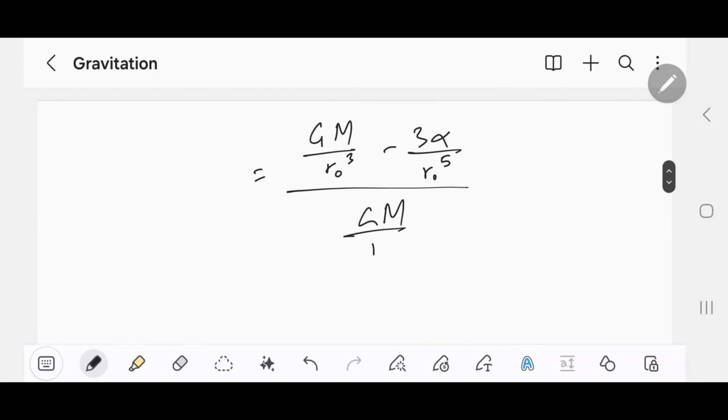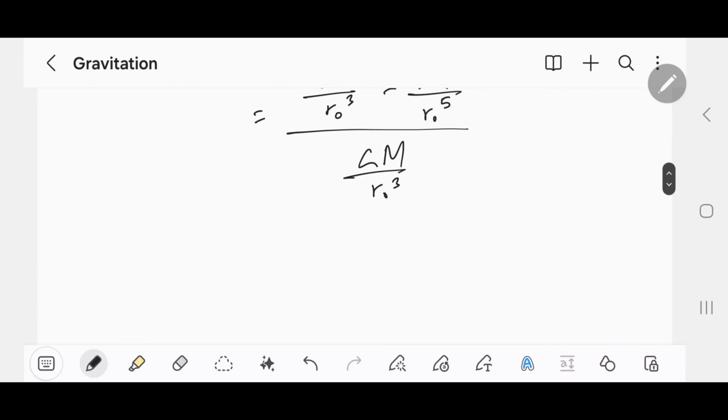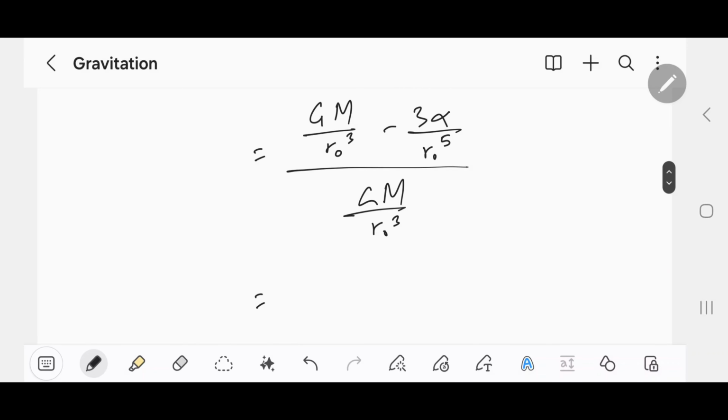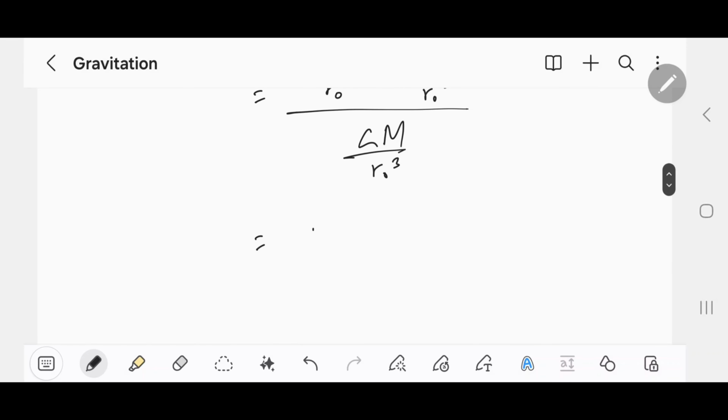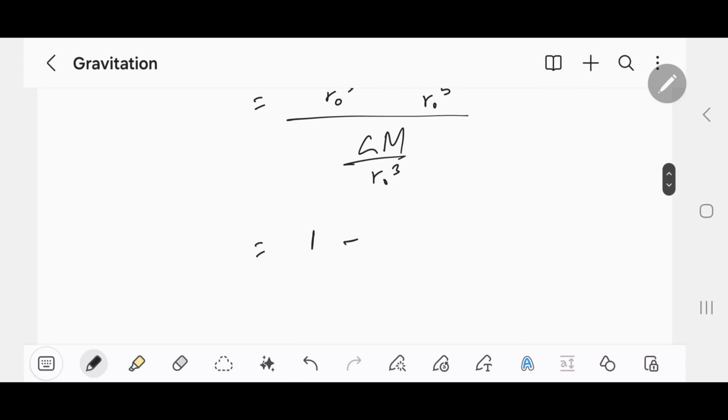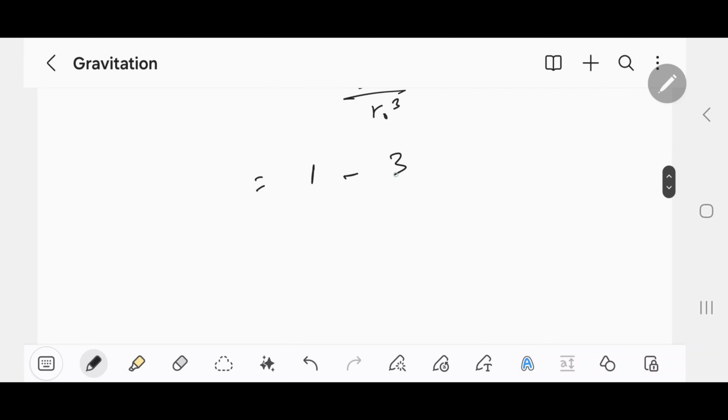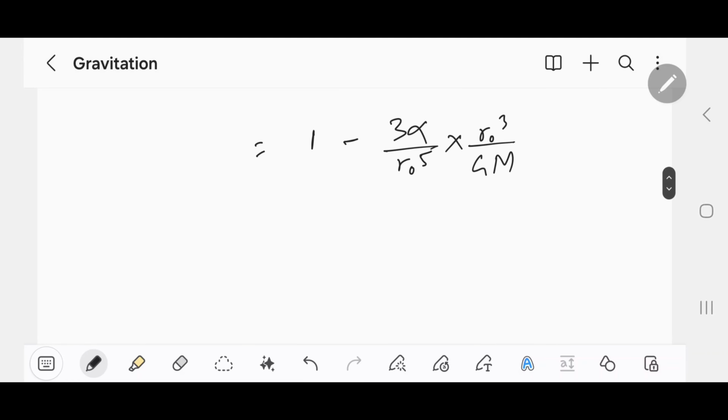This is GM by r naught cube, and if we separate these terms, it will be 1 minus 3 alpha by r naught power 5 into r naught cube by GM.